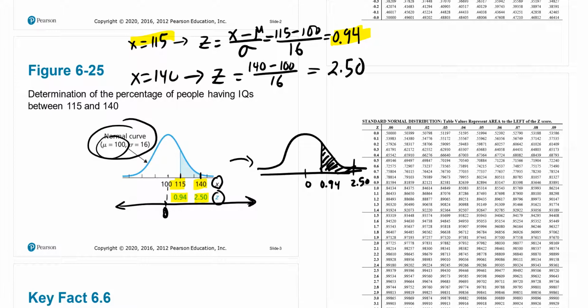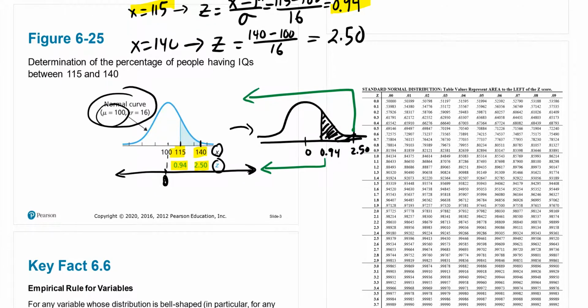As we did in the previous section, we take the area to the left of 2.50, because the table gives the area to the left, minus the area to the left of 0.94. To the left of 2.50, we find the z value 2.5 and 0, which gives 0.99379.